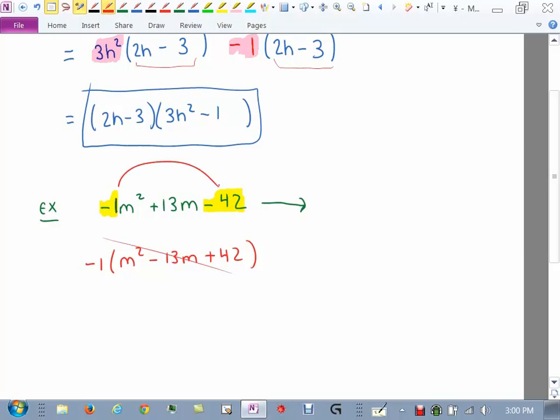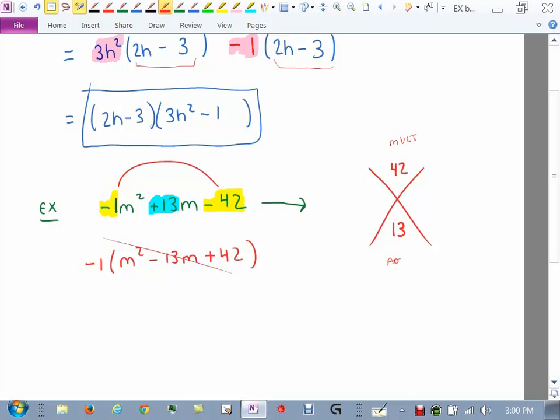We multiply the 2 together, and we put them in this little thing over here. -1 times -42 is +42. And then, what goes below that? Well, the +13. And now you have to come up with 2 numbers that multiply to be 42 and add to be 13.